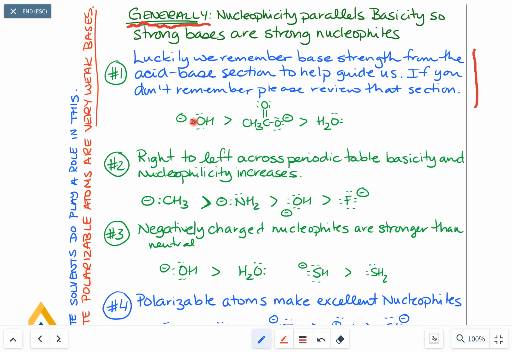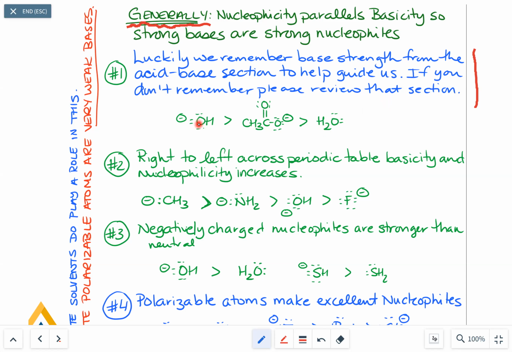So hydroxide's got a charge. So when it grabs a proton, it's going to form a neutral molecule, water. Whereas when water grabs a proton, it's going to form a charged species, the H3O plus, right?